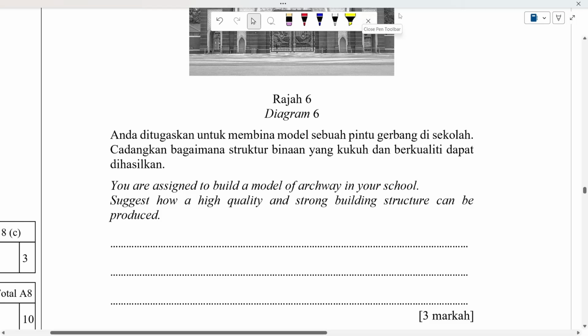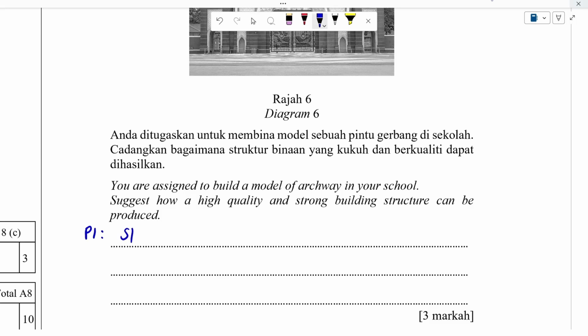We use the what? Steel, right? Okay, sorry. It will be reinforced concrete. So how to produce reinforced concrete? We put the steel bar inside the concrete, right? Okay. So what can you write? Steel bar or wire is immersed into concrete.